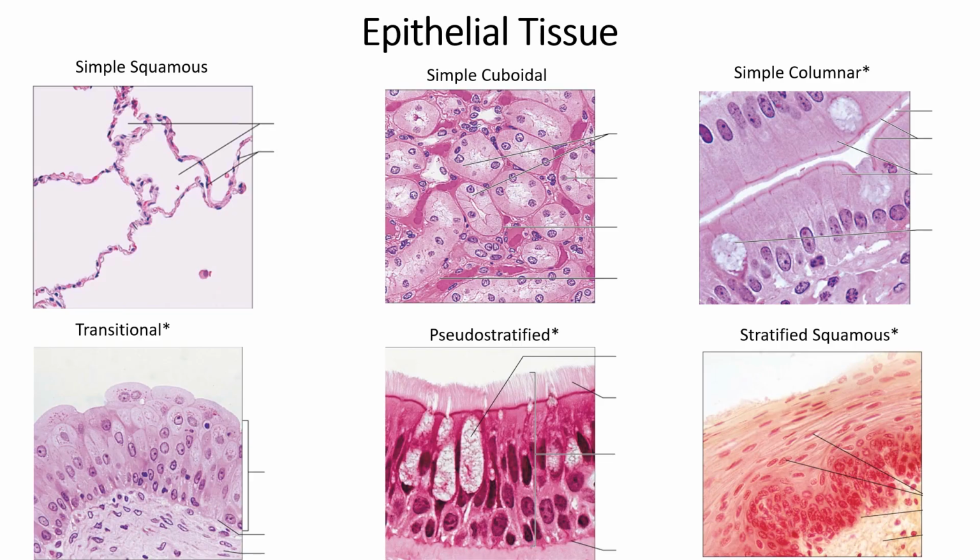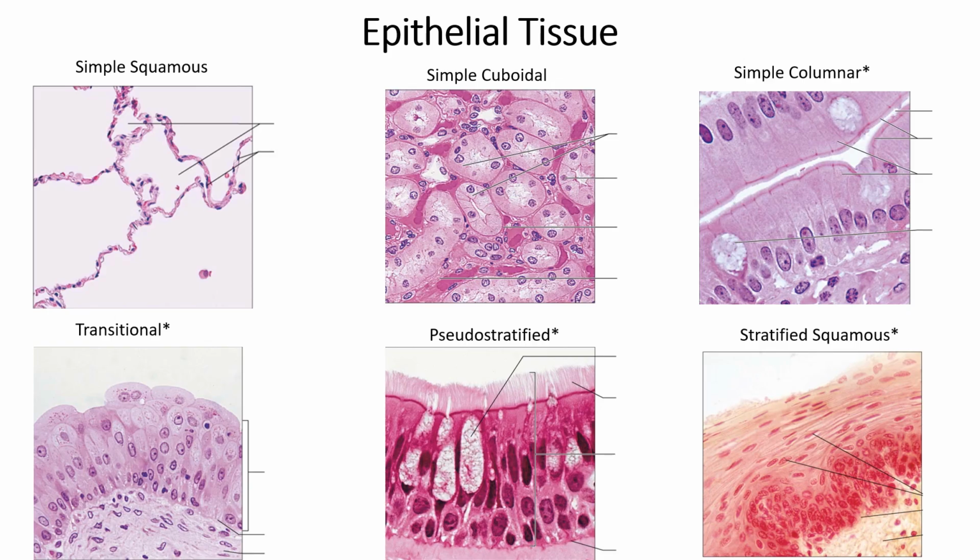So the types of epithelial tissue that you see with a little asterisk next to them are the types that you need to know how to identify for the practical that are definitely going to be on the practical, right? So simple columnar, transitional, pseudostratified, and stratified squamous. Simple squamous and simple cuboidal you may see as bonus questions, right?